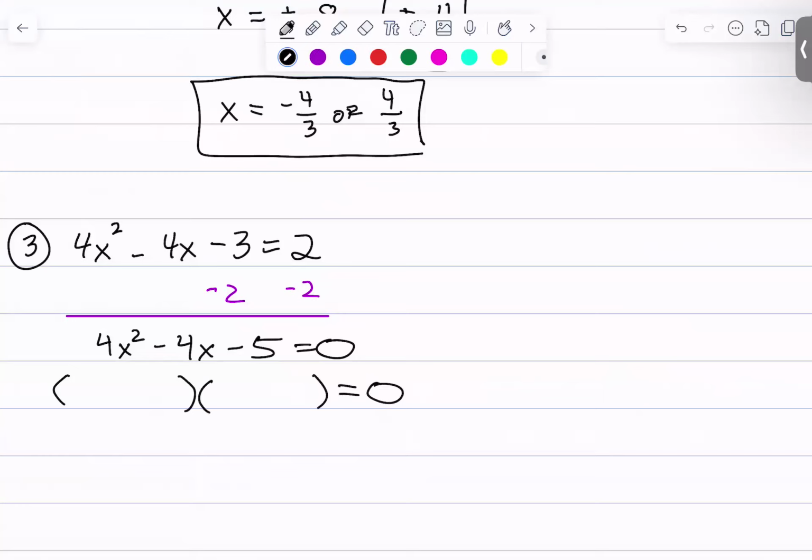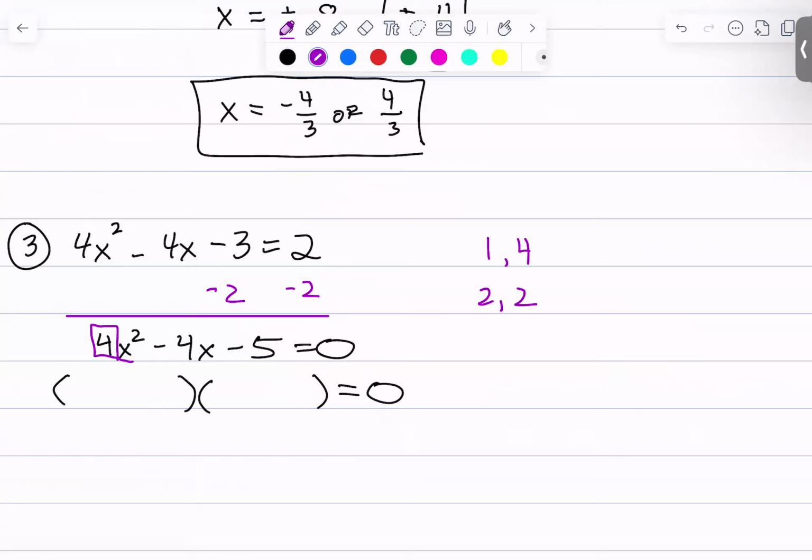Remember, with factoring, we're going to get the multiples of 4, which is 1 and 4, 2 and 2. We're going to get the multiples of negative 5, which is negative 5 and 1, or 5 and negative 1. And then we're going to try and come up with the sum of the middle term, negative 4.